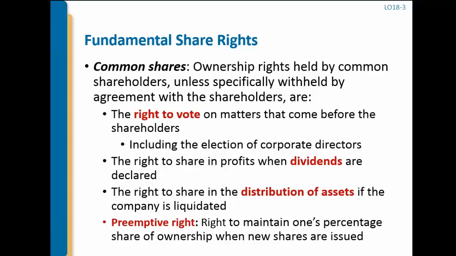So in preemptive rights, let's say the outstanding shares are 10,000 shares, and you own 1,000 shares, so you own 10%. Let's say the corporation now decides to issue another 40,000 shares, so it's going to go to 50,000 shares.